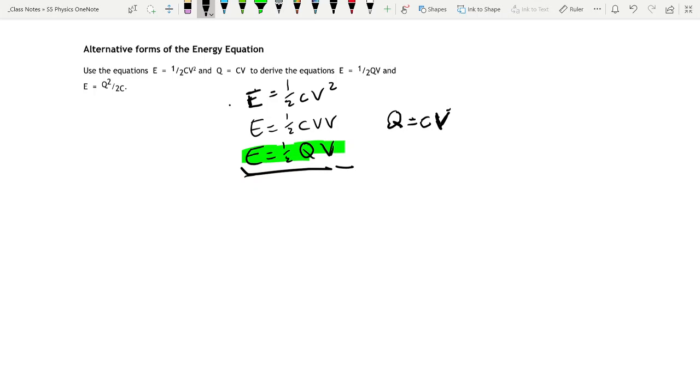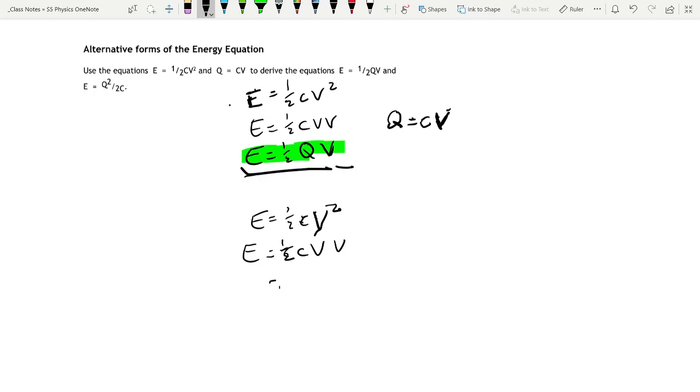The other one, so we want to derive Q squared over 2C. So again, we'll start with E equals half CV squared. Then we'll expand it again, so E equals half CVV.